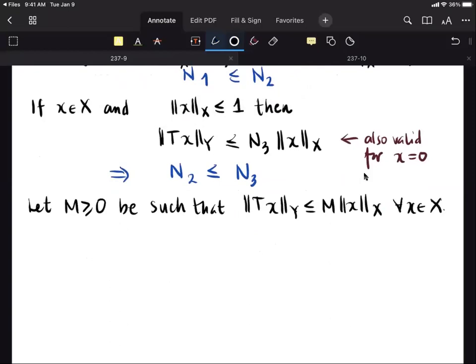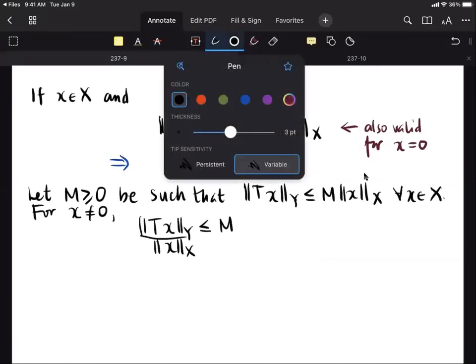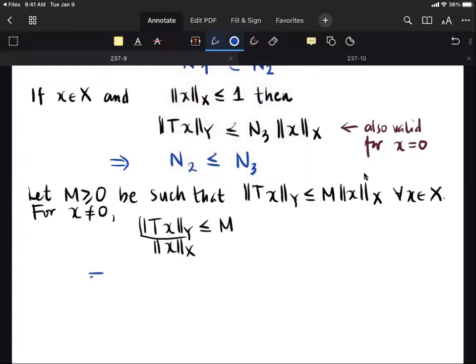So for x not equal to 0, we can divide by the norm of x. And taking the supremum, you end up with, by the definition of N3, N3 less than or equal to M.